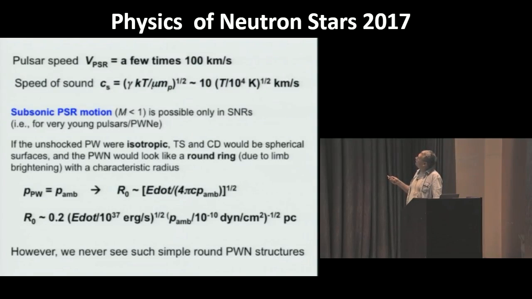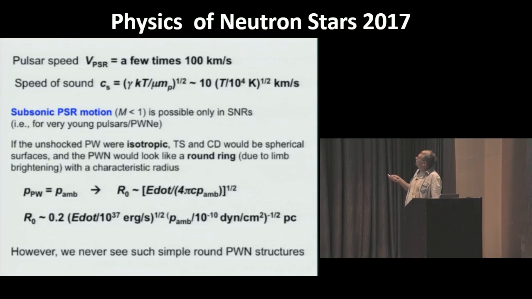So subsonic motion is really only possible for pulsars that are still in their host supernova remnants, the younger ones, or the ones that were not kicked so much during the supernova explosion. If you wait long enough, or if the pulsar is kicked fast, it will be moving in the normal ISM, and it has to be supersonic motion, therefore.